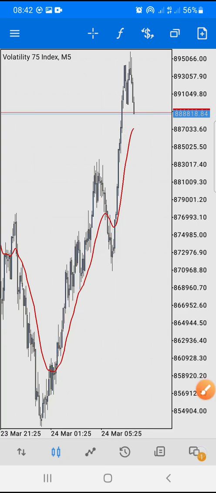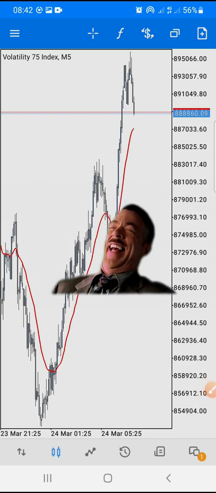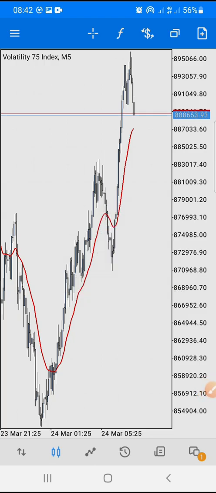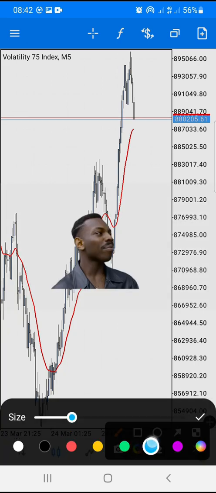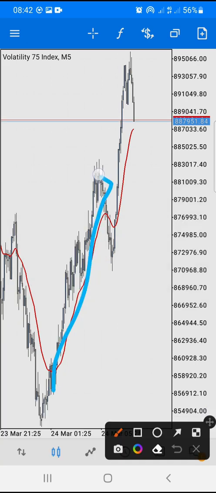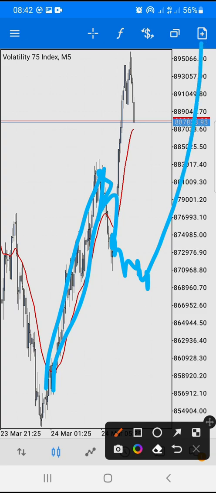I'm teaching you guys the things that mentors are saying. But anyway, let me continue. This is what you need to know about market structure: even if you don't claim it, just know that the market always moves like this. It makes an impulse and a correction, an impulse and a correction.